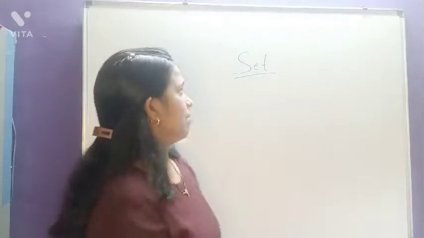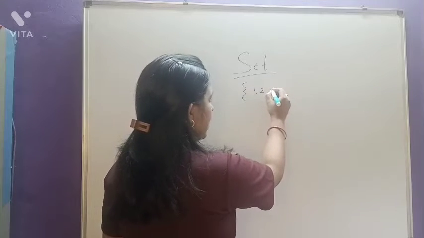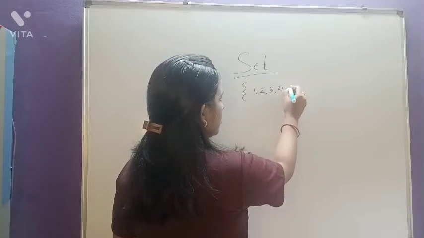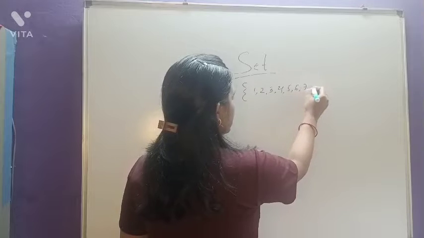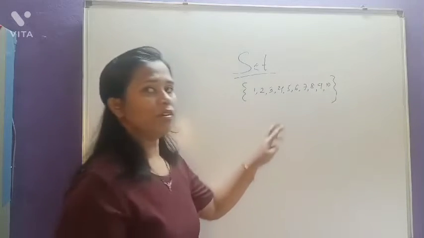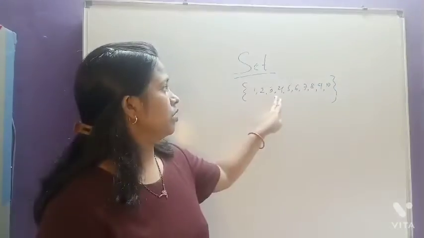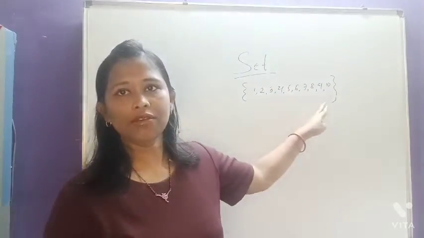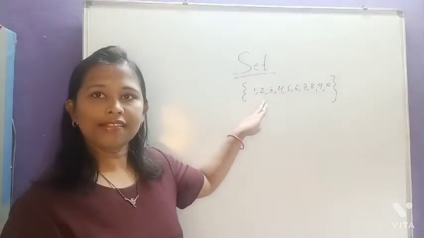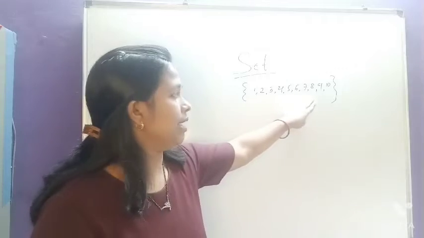If I am writing a set of the first 10 natural numbers, these are the first 10 natural numbers. 1, 2, 3, 4 up to 10 you can write down. So now we can tell this is a set because these are well-defined elements.